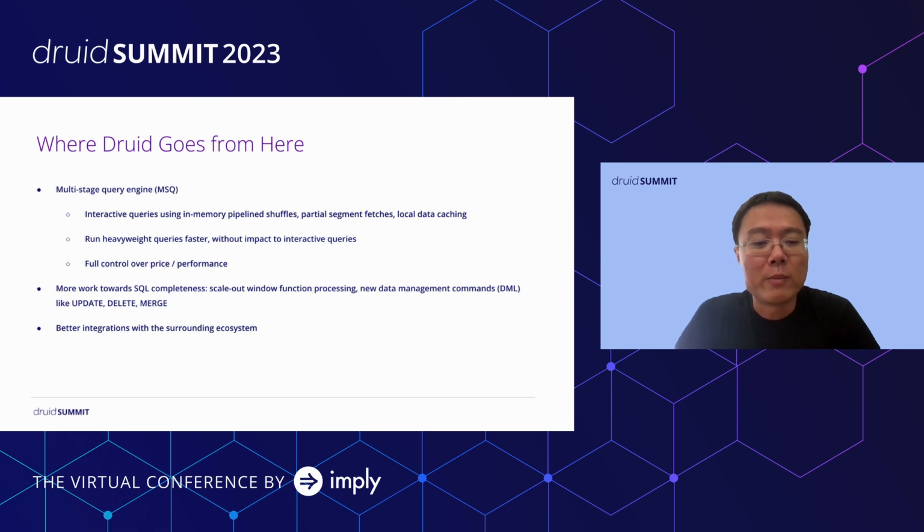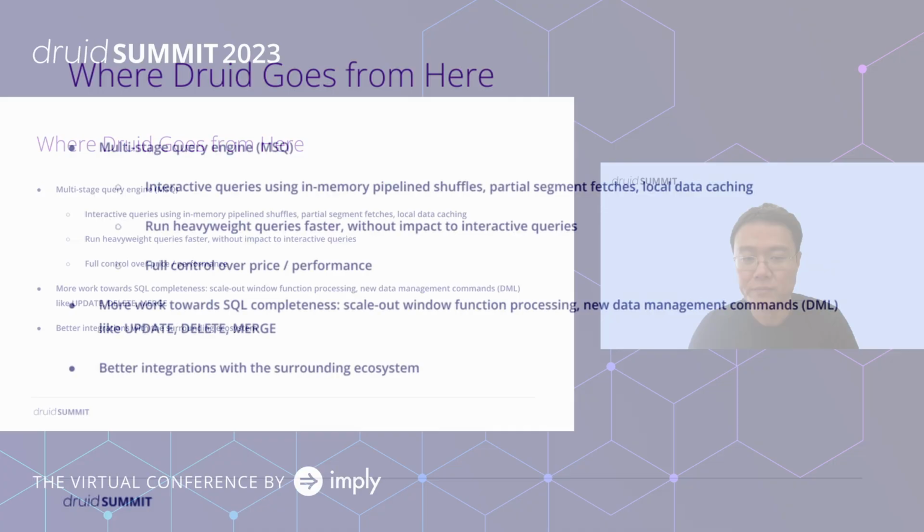Lastly, we're doing more integrations, I should say, with the surrounding ecosystem. So there's new open source projects that have been launched, new standards that have been defined, new systems that people are picking up, and we want to continue being a good citizen in open source and ensuring that we have really good and tight integration with some of the most powerful and popular products in the open source ecosystem.